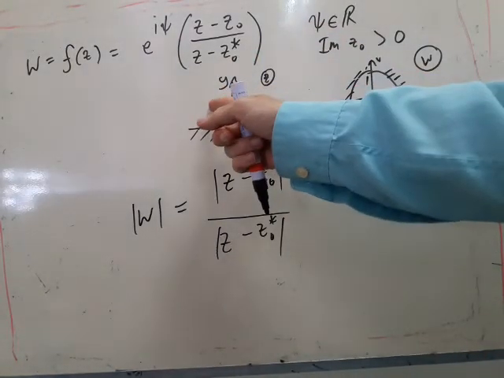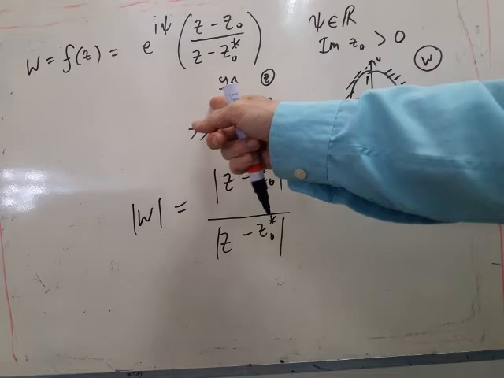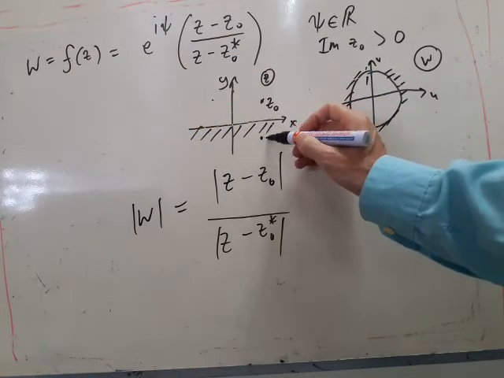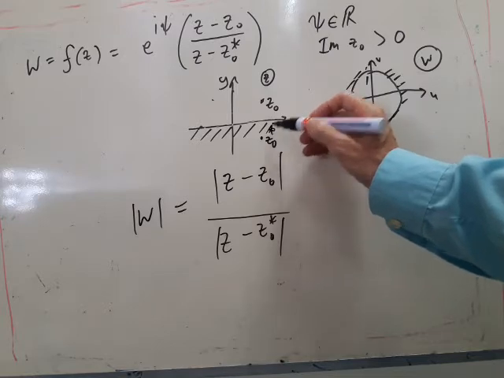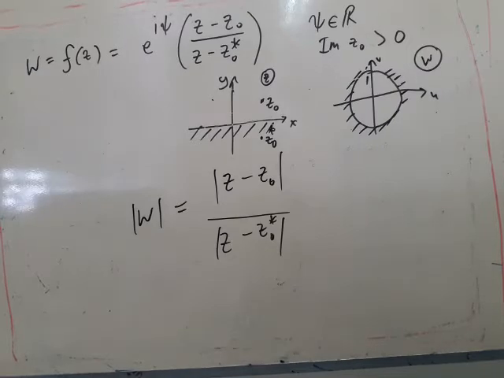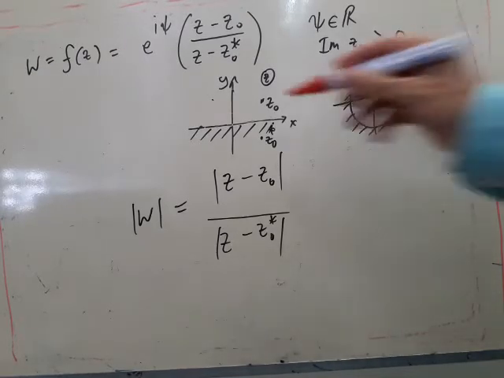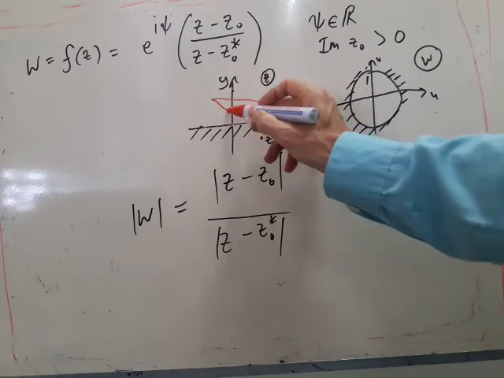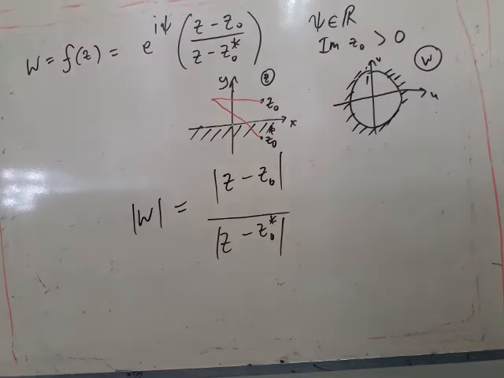So for any point Z, Z0 is here and Z0 star is a reflection. So all we're saying is we're comparing the distance of a general point Z from Z0 to the distance to Z0 star.